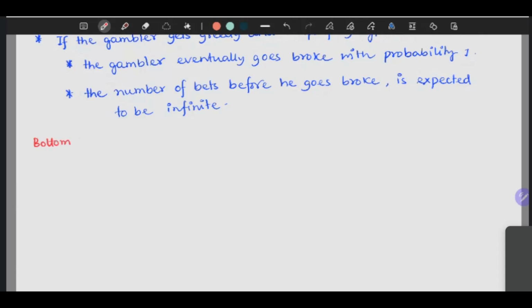The bottom line is, when gambling, quit while you are ahead. So if you are ahead, please quit.